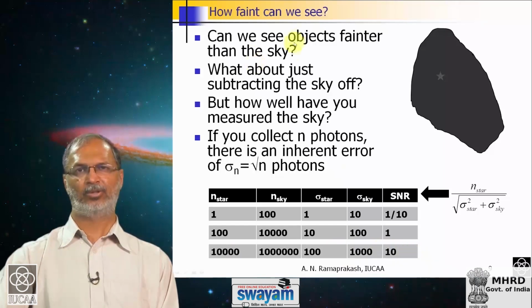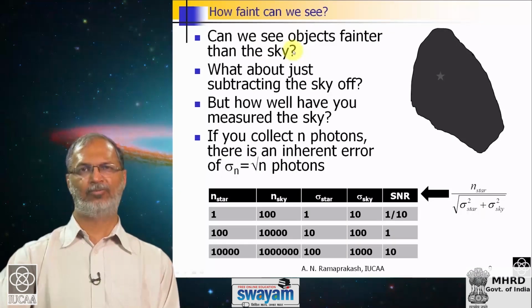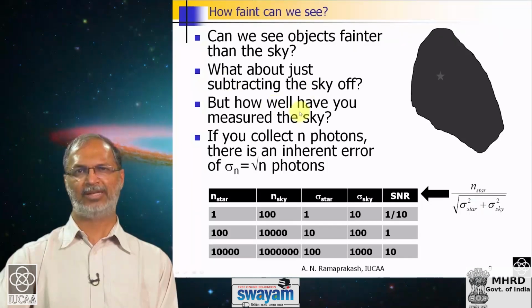Therefore, although the sky sets a limit on how faint an object you can see in the sky, by collecting more and more photons, by developing larger and larger telescopes, or by staring at the same direction and collecting more of the photons, so that this n becomes very large, you would be able to reduce the noise or the uncertainty in your measurement to a small enough number that you should be able to see the faintest objects, as faint as you want. The sky does set the limit, but if you are resourceful, you can beat the sky. That is the message.